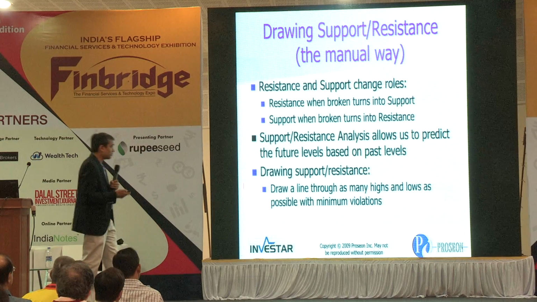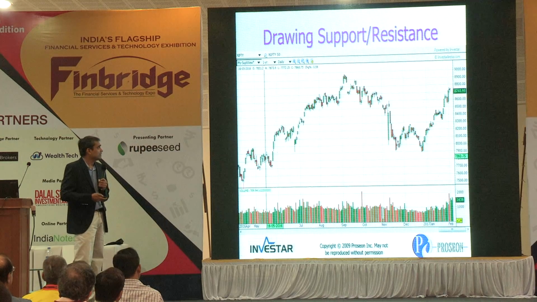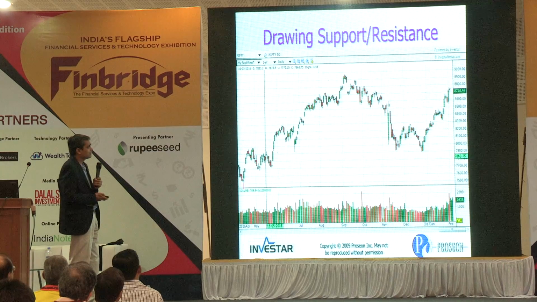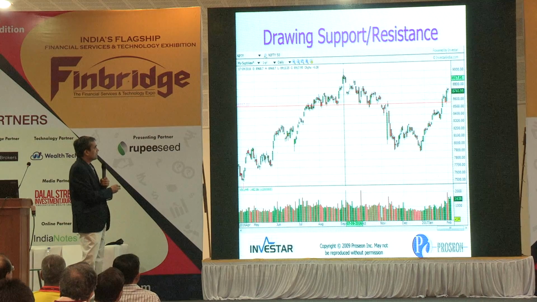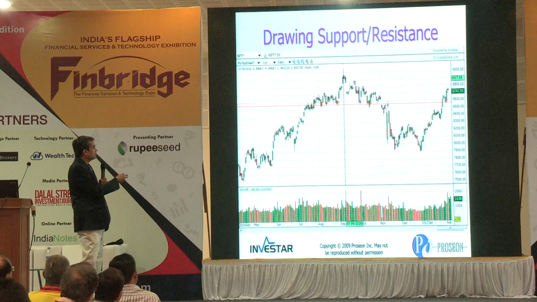Now, as you can see, the whole process is quite cumbersome. If you look at the current chart of Nifty, for example, there's this line that acts as a resistance line somewhere here in the beginning, and then it becomes a support over here, and acts as a support for quite some time before breaking down here.